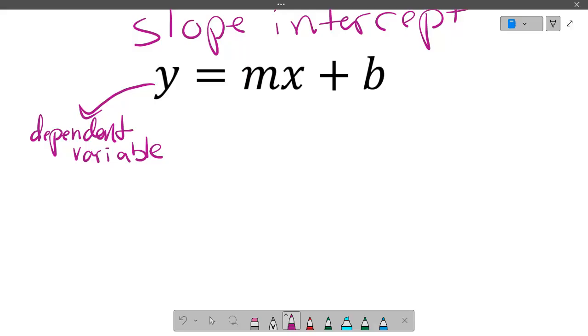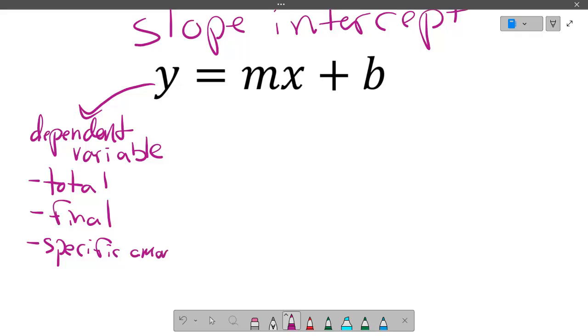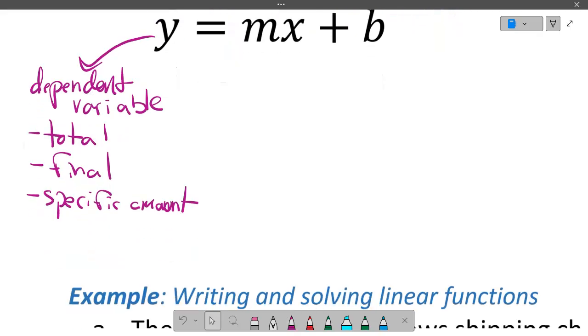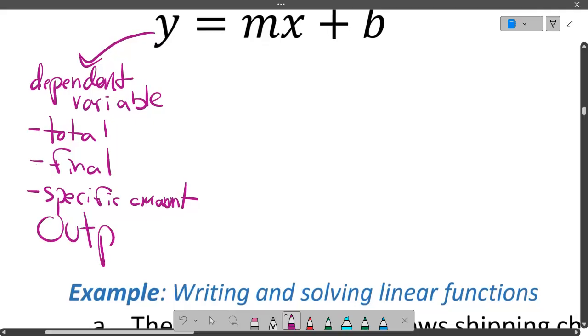It typically represents a total or a final amount or a specific amount at some interval of whatever x is. Generally think of a total, a final, a goal, or a result. Y is the output of the equation.